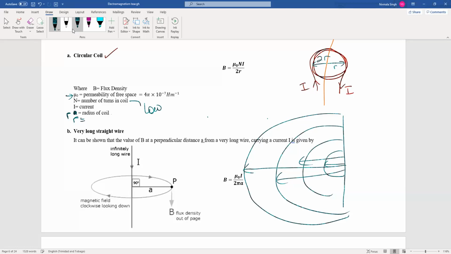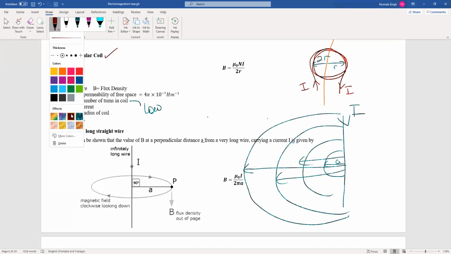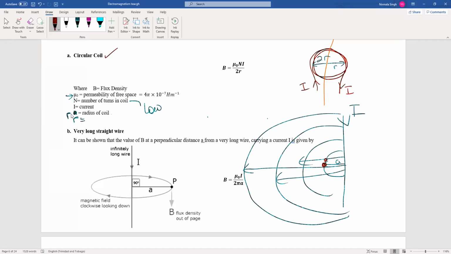So if this was our current carrying conductor, and I was very, very close to it, and I put some small bits of iron filings, they might get attracted to the wire, or they might form a very nice, strong magnetic field pattern.